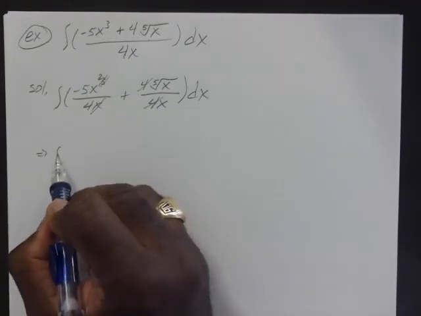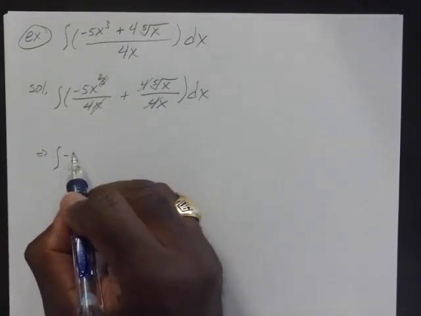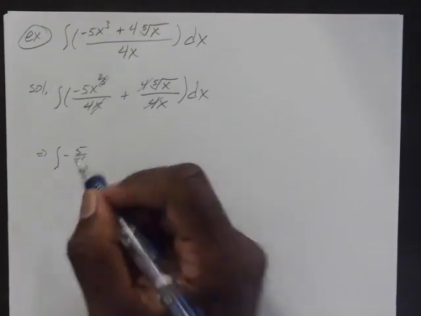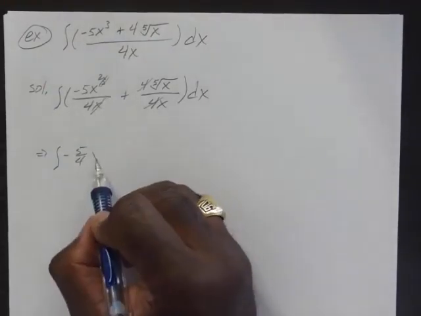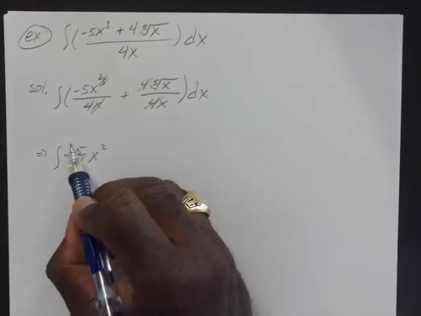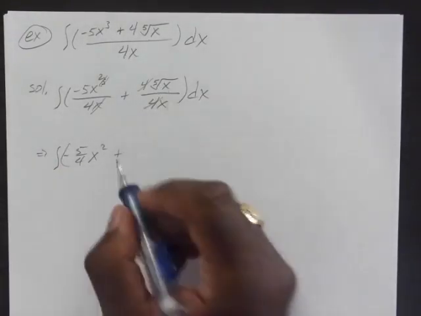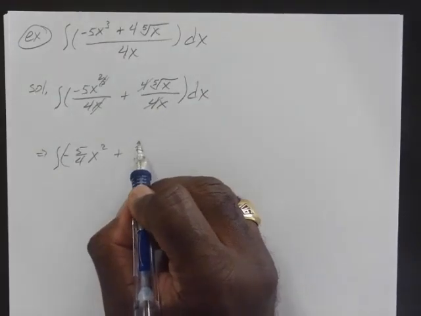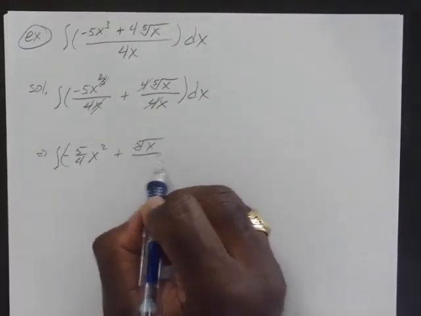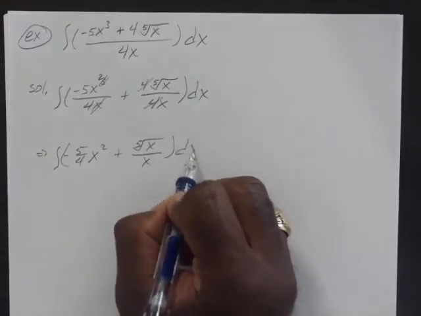Okay, so now we have the antiderivative of negative 5 over 4 times x squared plus you have the fifth root of x divided by x with respect to x.